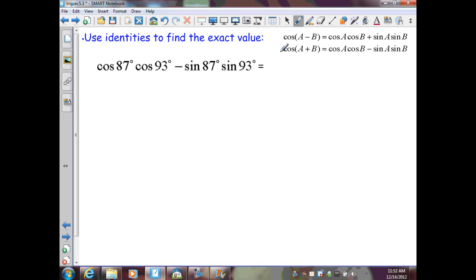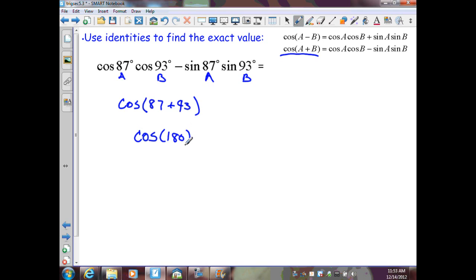And if I match it up, it matches up with the sum identity of cosine A plus cosine B. And in that case, 87 would be angle A and 93 would be angle B. Now I can just compress this expression into cosine A plus B, which in this case would be cosine 87 plus 93. And when I simplify, that's going to be cosine of 180.